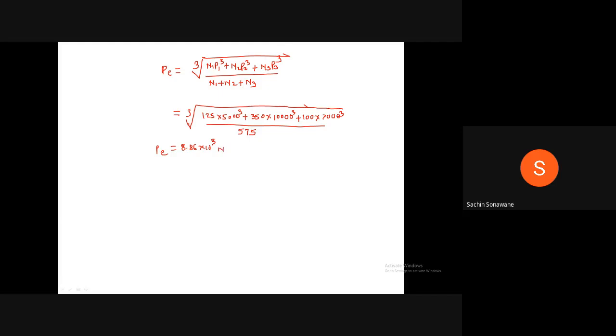Newton. Now we will find out life in million revolutions. Therefore, write down L is equal to C divided by PE bracket raised to 3, which is equal to 40,500 divided by 8.86 into 10 raised to 3 bracket raised to 3.